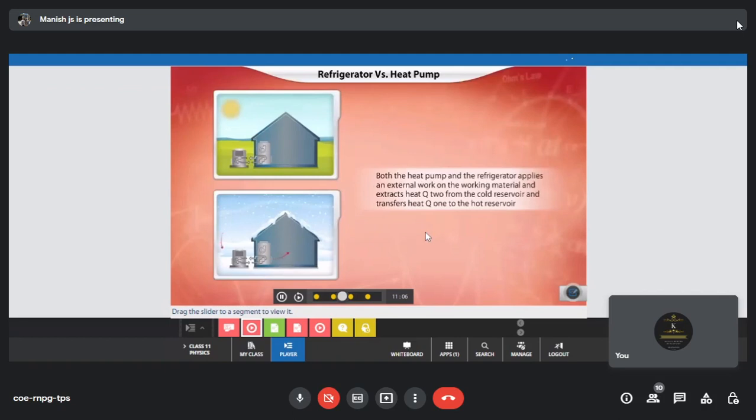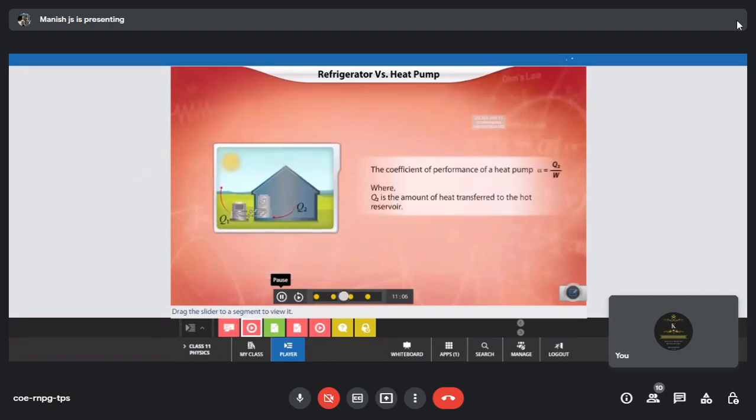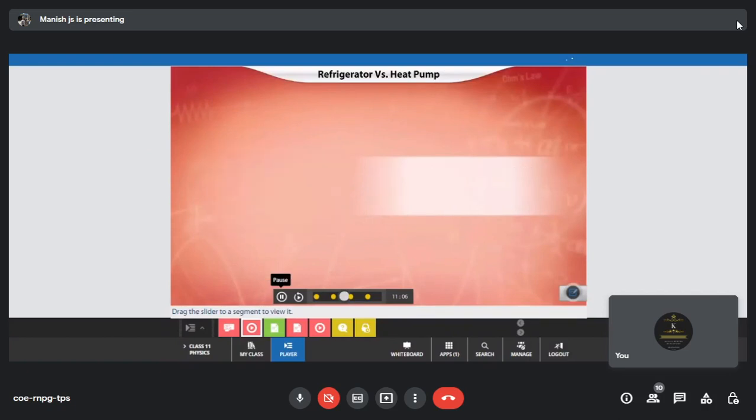Note that both the heat pump and the refrigerator apply an external work on the working material and extract heat Q2 from the cold reservoir and transfer heat Q1 to the hot reservoir. The coefficient of performance alpha of a refrigerator is calculated as shown.